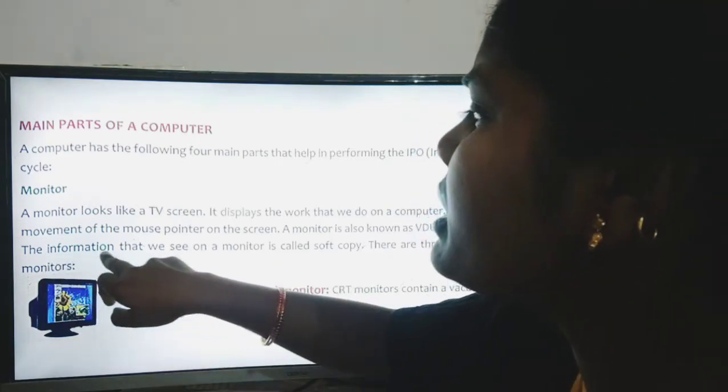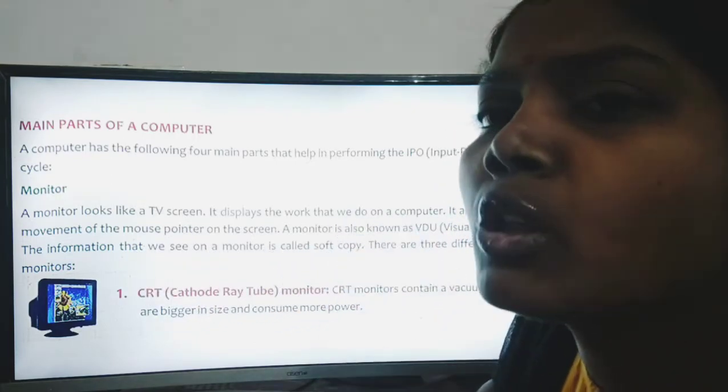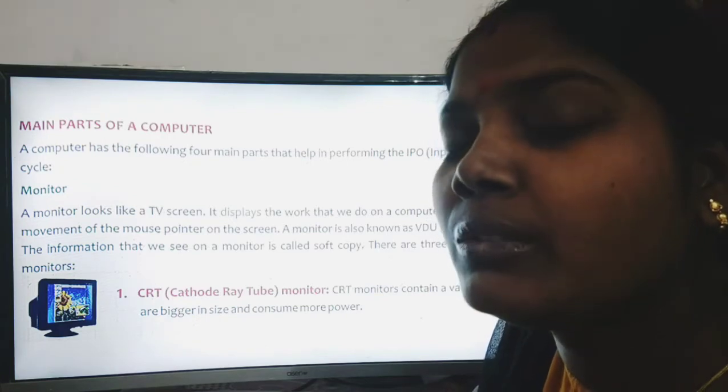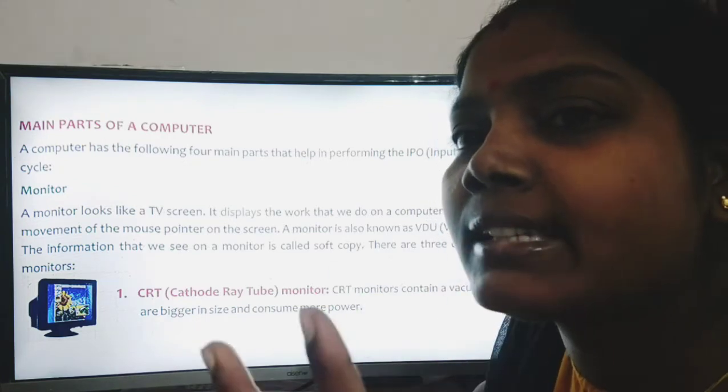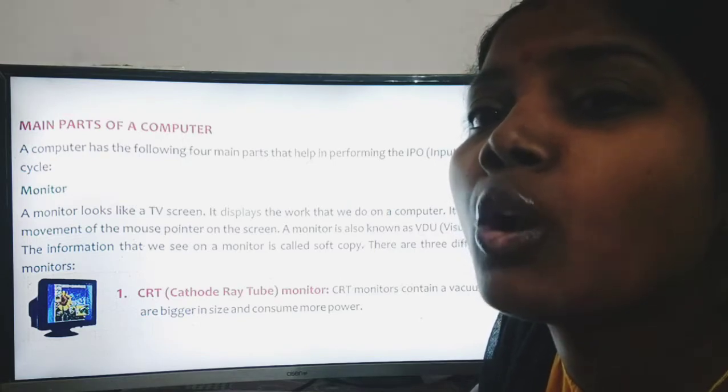The information that we see on a monitor is called soft copy. Whatever we do in a computer, the result comes on the monitor, and that is what we call soft copy.